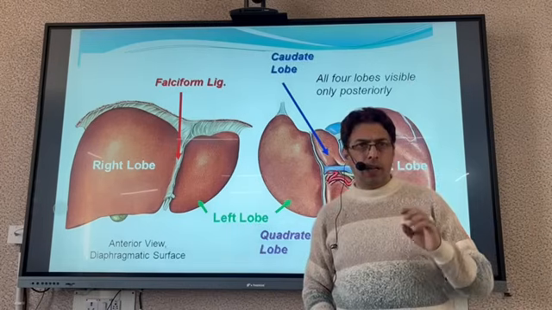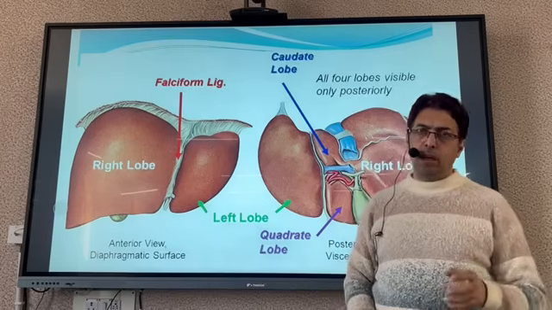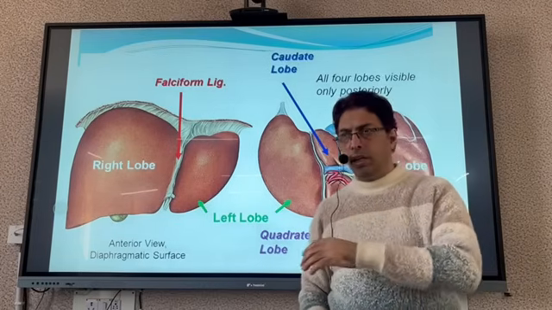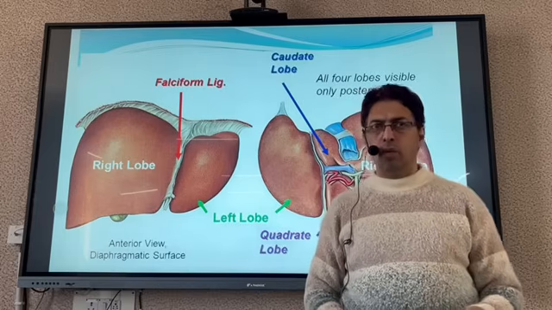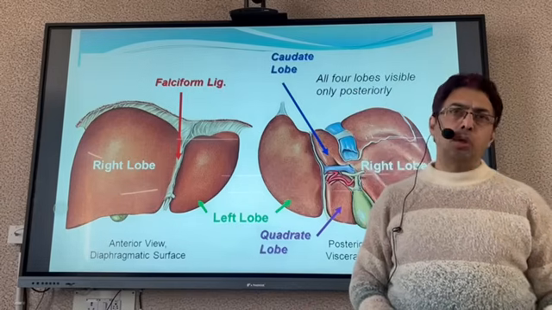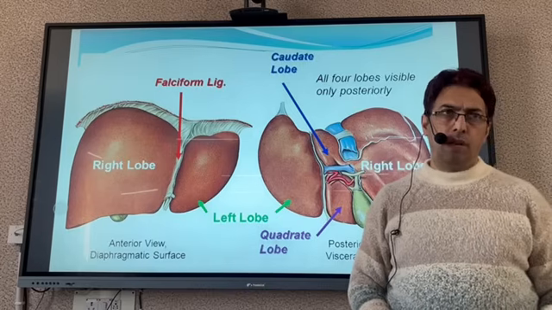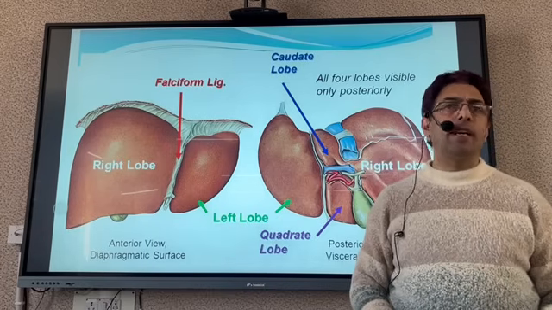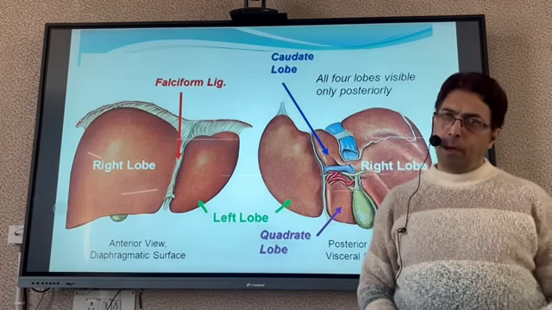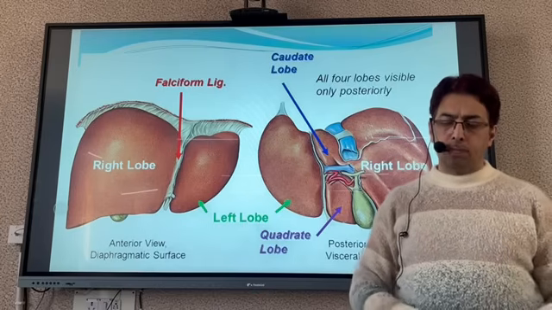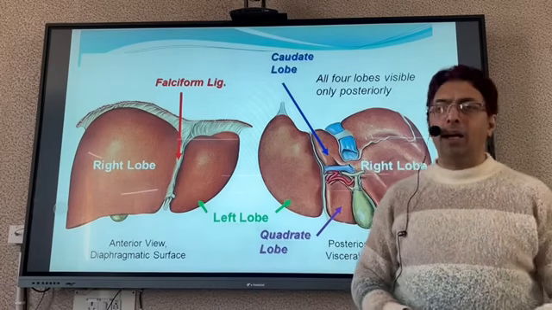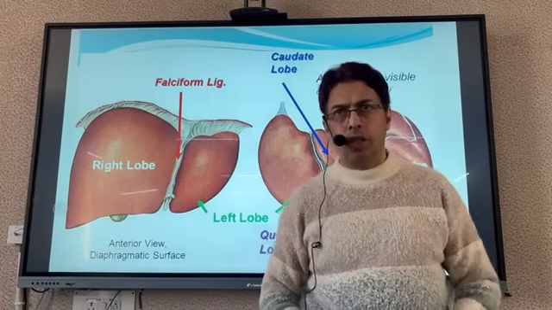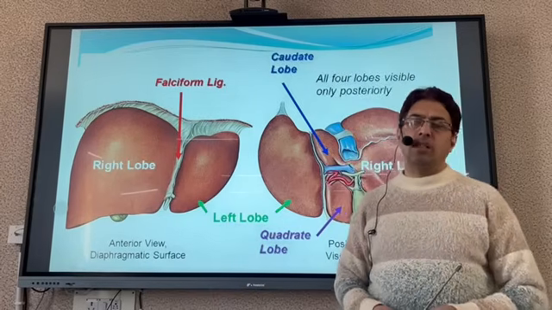Now, number two is the size, especially the right lobe of the liver. Once we examine the abdomen, we should normally not feel the liver below the right subcostal margin. But in case it is two fingers breadth below the subcostal margin, we give it the name hepatomegaly. There are many conditions which cause enlargement in the size of the liver.